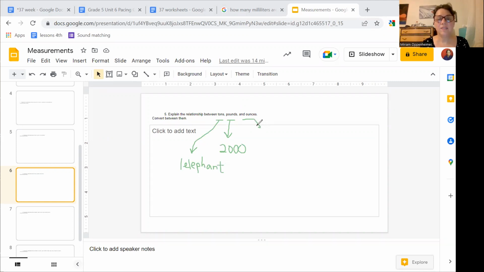And for ounces, ounces are very small. They are not heavy. And so it takes 16 ounces to make 1 pound. So how many ounces to make 1 ton, 1 elephant? 16 times 2,000 is 1 ton. How many ounces? If you look at any of your drinks, you will see that an ounce is written on the side.